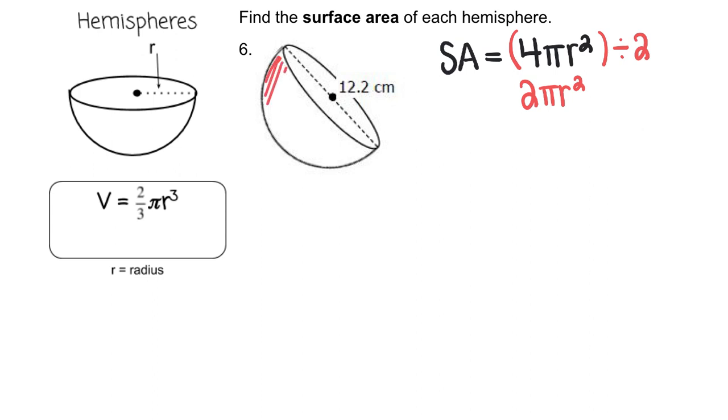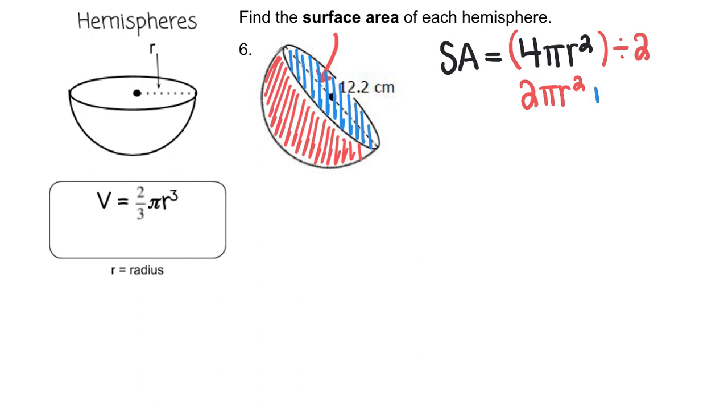So when I found the surface area of a sphere, it was all the outside of the sphere. Now when I cut this in half, I have now left a new face open. And we see that that open face is a circle. So I now have to account for this open circle right here. So that is just one additional circle.